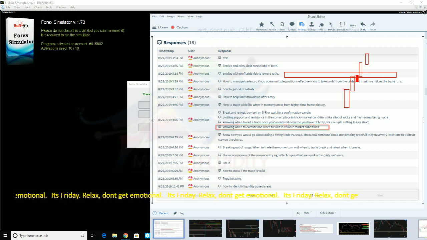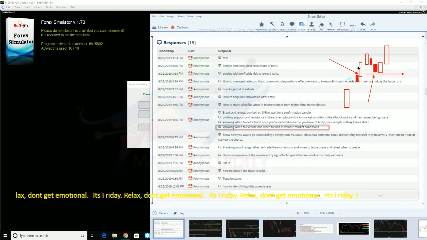Now what you need is a support to form. Price comes down, and then a bullish candle forms. So this is the break, this is the retest, and this is where your stop loss is going to be in case this fails, because now you're expecting the next candle to continue moving up.